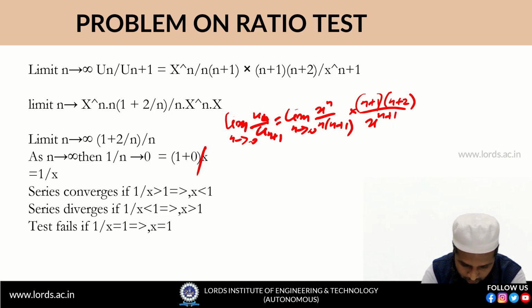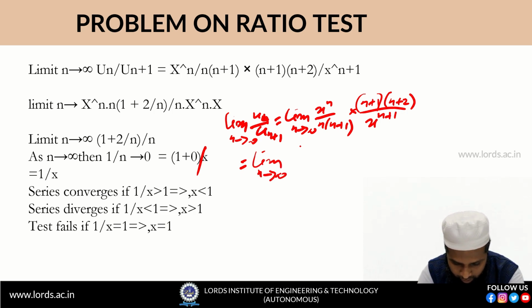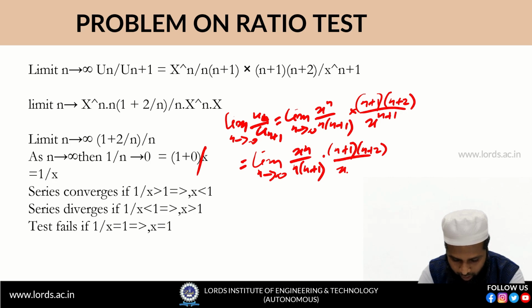How do we do the cancellation here? We write the limit as n tends to infinity, copying x^n divided by n(n+1) as it is, and also writing (n+1)(n+2) here. Here x^{n+1} can be written as x^n into x, so x^n gets cancelled.